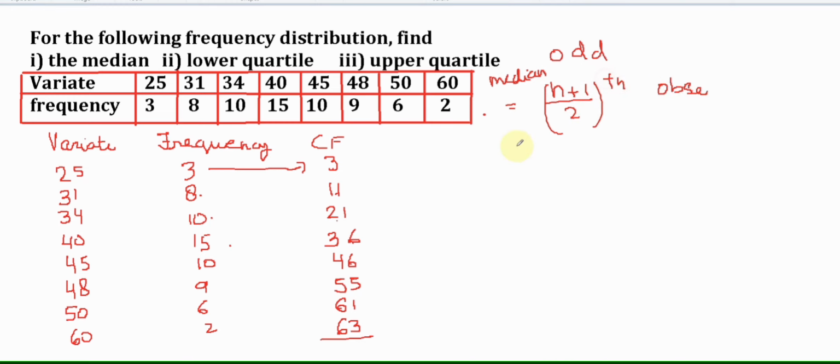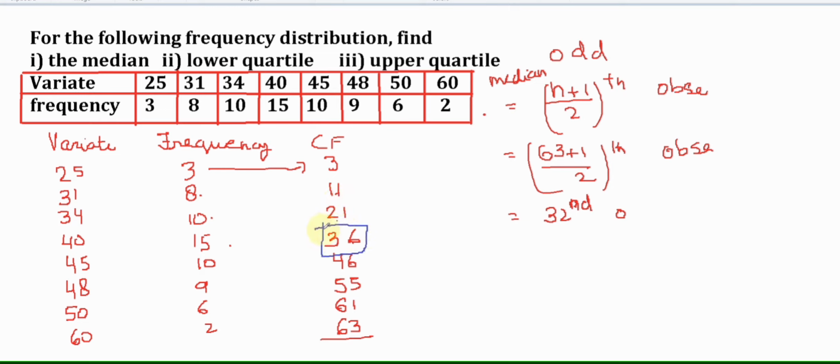So here (63 plus 1) by 2, that is 64 by 2, the 32nd observation in the table. We can see that the 32nd lies at this point. So this 40 is our answer.